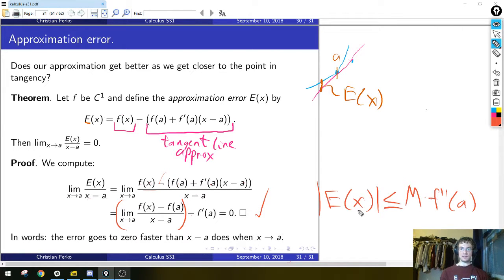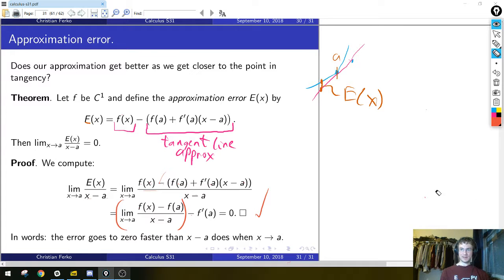This is just saying that the bigger the second derivative is, the more room for error you have. And that makes sense looking at this picture, because if the second derivative is huge, so this guy is very sharply concaving, opening upwards very fast, then he's going to bend away from the tangent line faster. So if he bends away from the tangent line faster, there's more room for error. But anyway, we haven't proven this yet. We'll do that later. So that's just a preview.